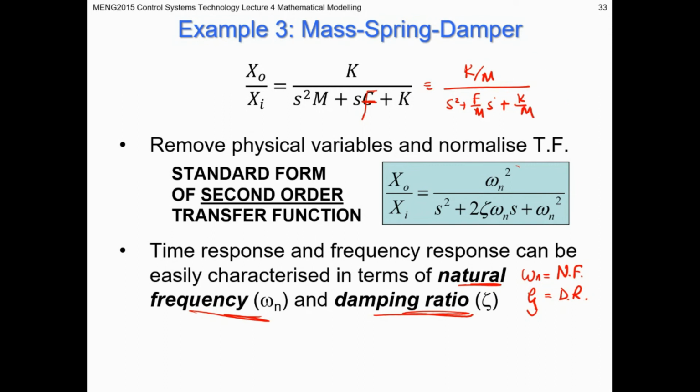So therefore we could immediately say that k upon m equals our omega n squared, and we can say that f upon m equals 2 zeta omega n. So we have identified these important relationships. We'll come back to these in just a minute.